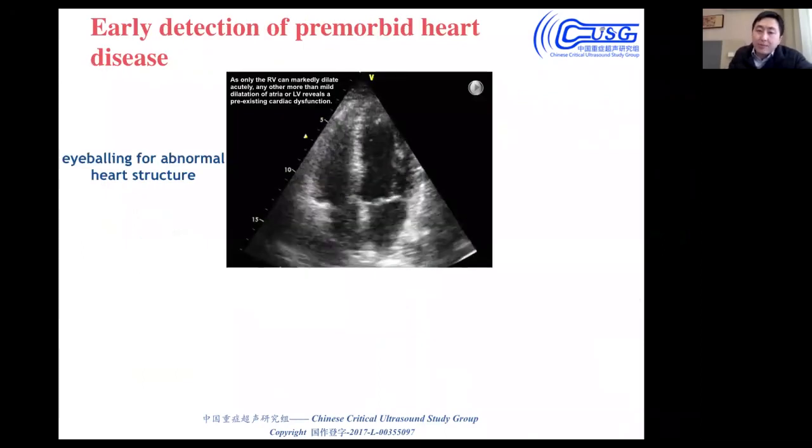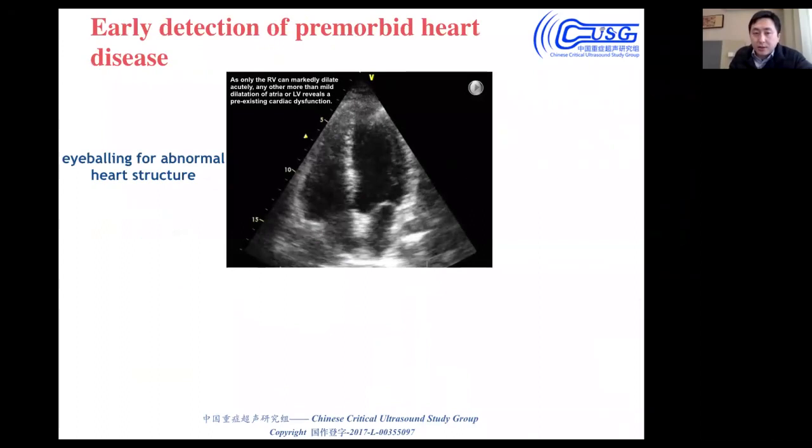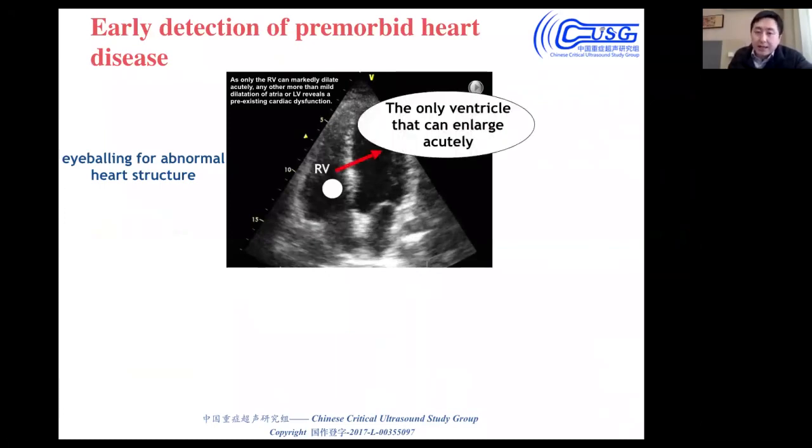We do eyeballing of the heart for early detection of premorbid heart disease. We will evaluate the chambers, the wall of the heart, and the valves of the heart.